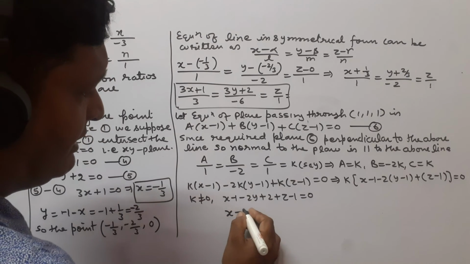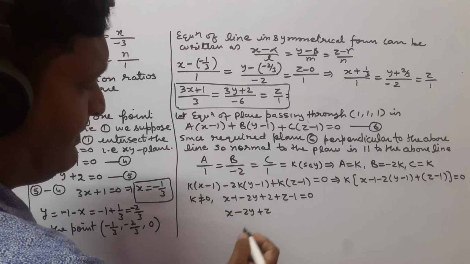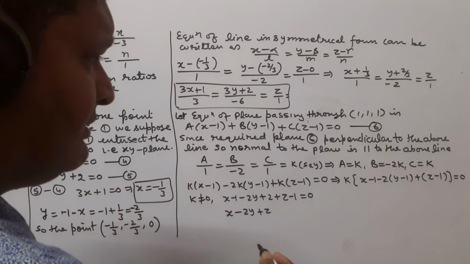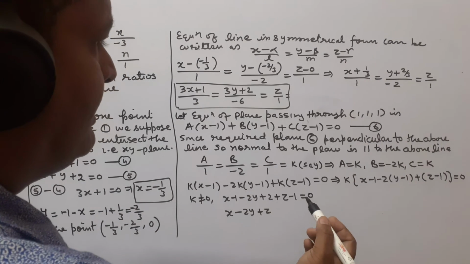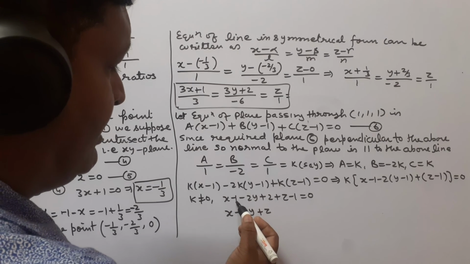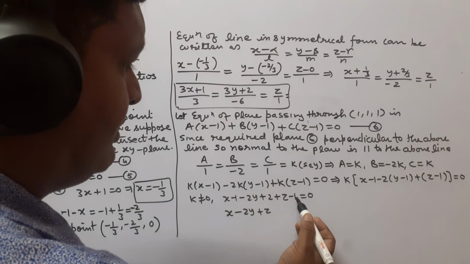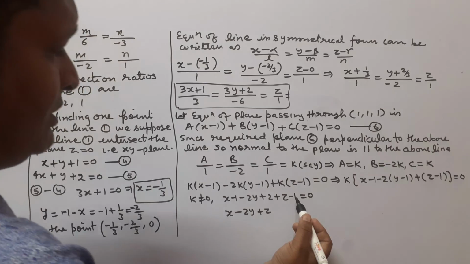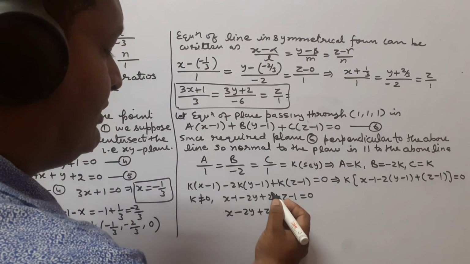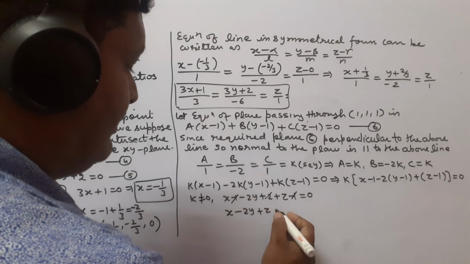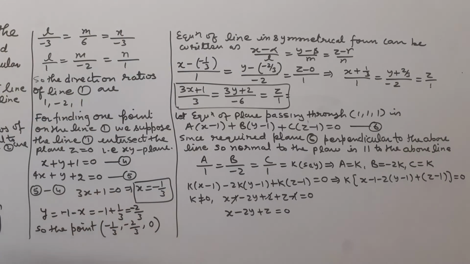Here we can see that minus 1 and minus 1, this is minus 2 and this is plus 2, so minus 2 plus 2 cancel out. We get here x minus 2y plus z is equal to 0. Here the equation is x minus 2y plus z equal to 0.